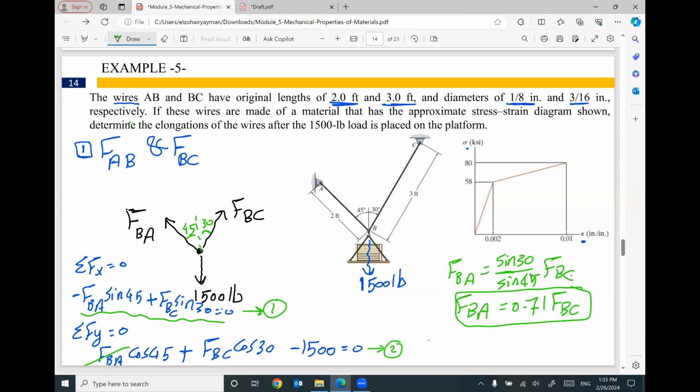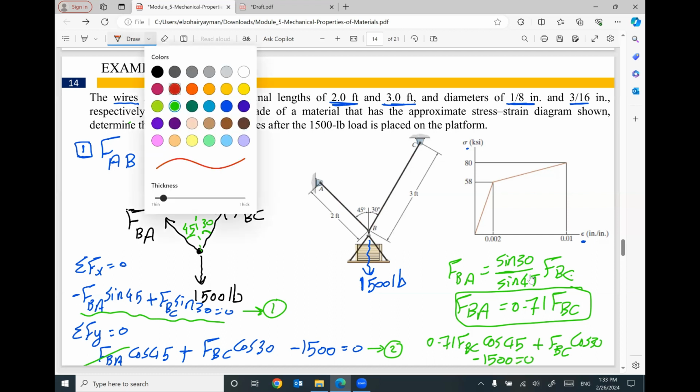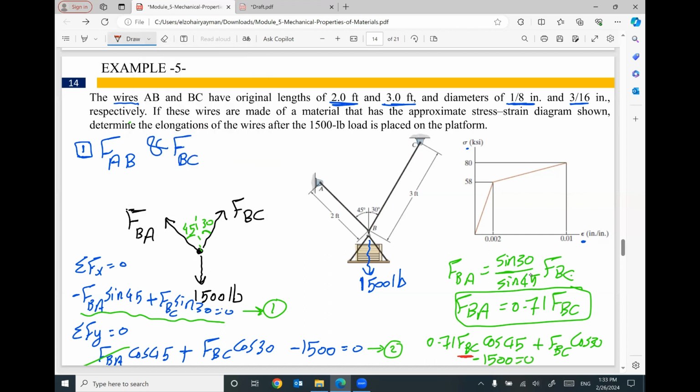Then I will remove FBA and put in 0.71 FBC. So I will have FBA cosine 45 plus FBC cosine 30 minus 1,500 equals 0. The only unknown in this equation is the value of FBC, so I can figure it out.